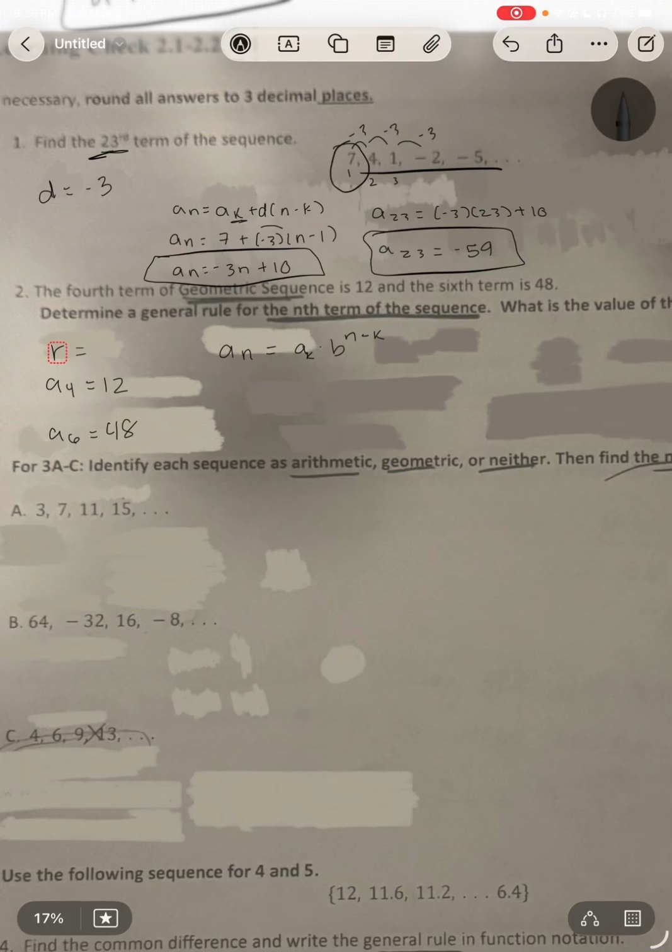Now to find the A5 term, all we have to do is take the square root of 12 times 48, which gives us A5 is equal to 24. So we know our rate is 2 because 24 divided by 12 is 2.